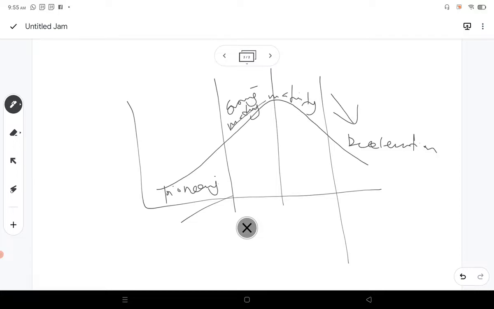The pioneering stage is for any new industry that could come up. Previously we had the nanotechnology industry and so on.